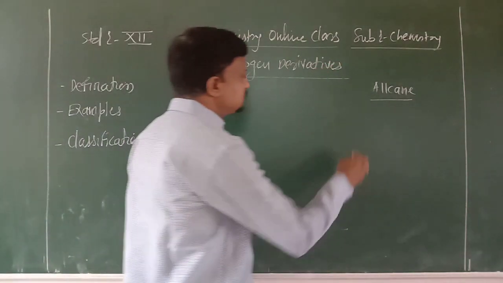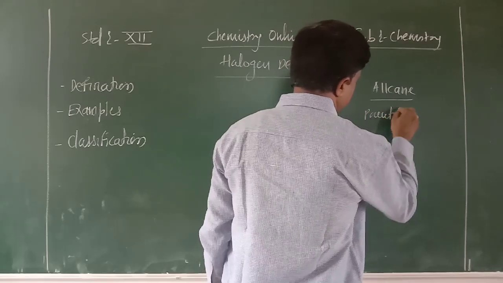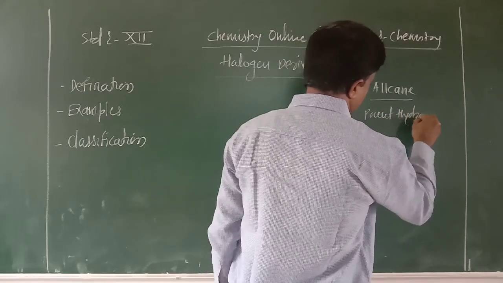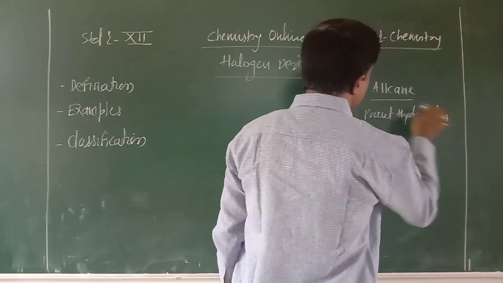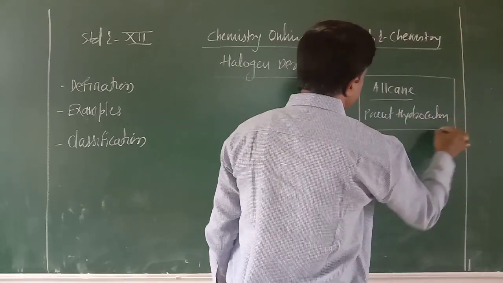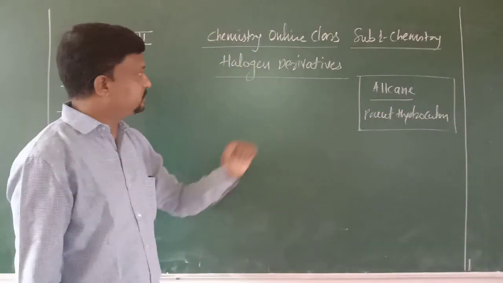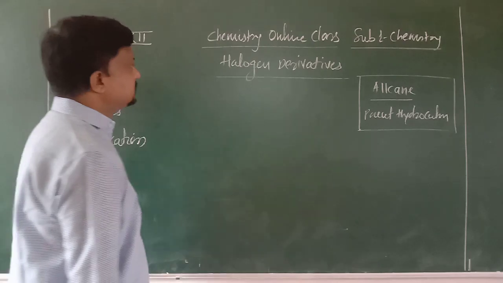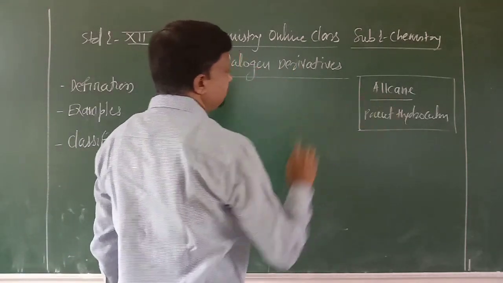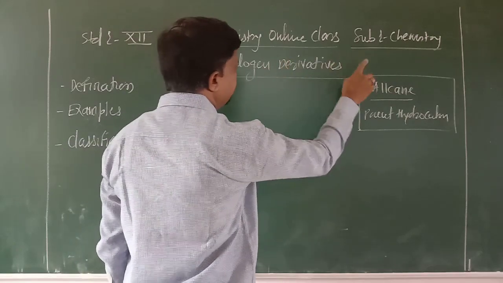Why is alkane known as a parent hydrocarbon? Because most of the organic compounds are obtained starting with the alkane, means alkanes are known as a parent hydrocarbon. Now as this compound is obtained from the alkane, hence it is known as a halogen derivative of alkane.